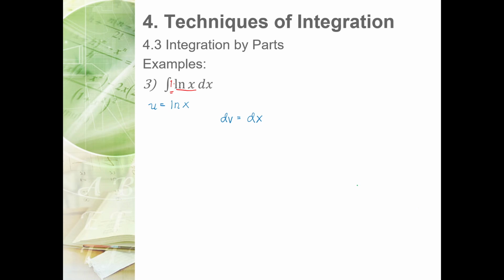In the green color, your v becomes x, and then your du: the derivative of ln from calculus 1 is du over u, so that's dx all over x.